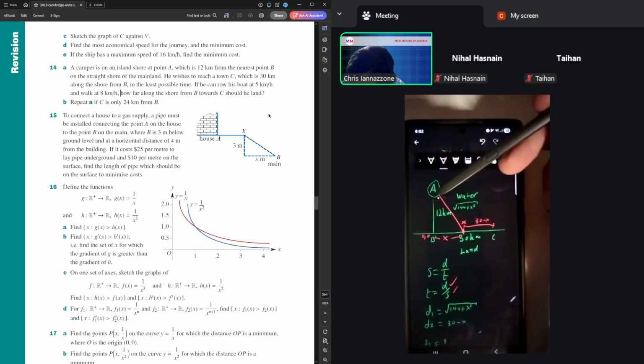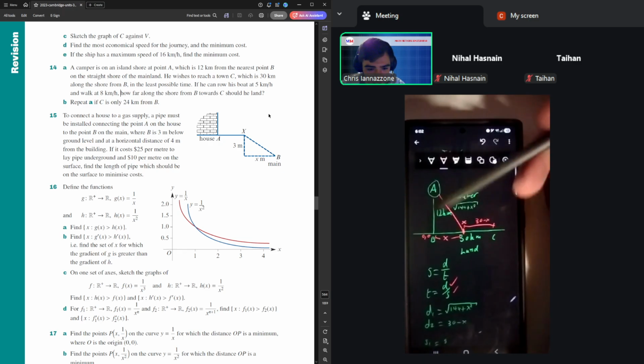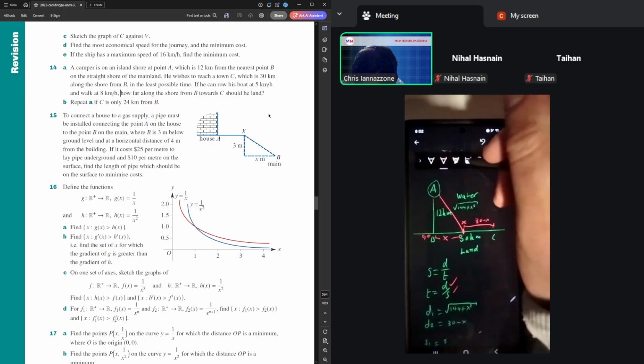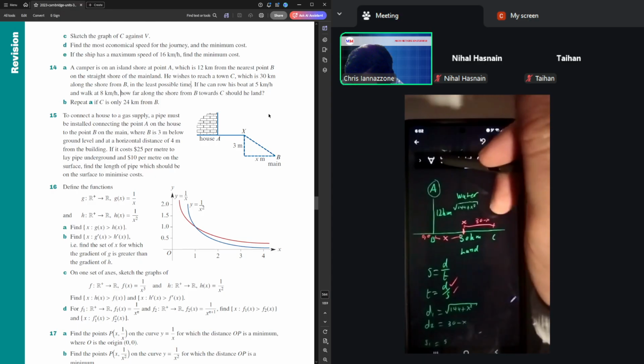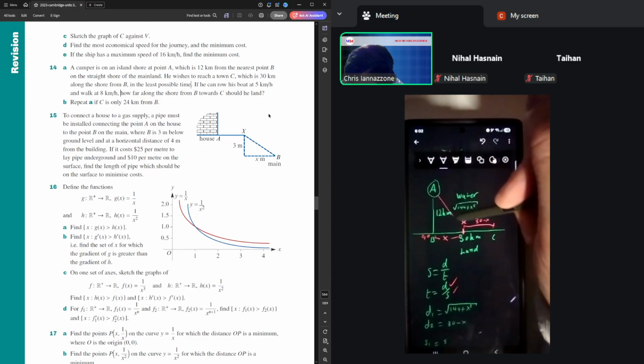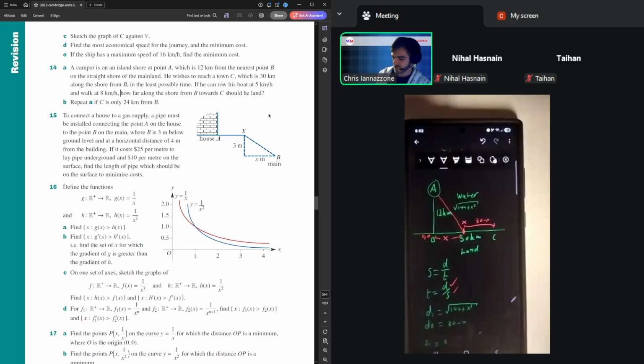It goes a lot smoother if they tell you this is the path here and this is the path here, and you just have to find those variables. But when it's all written in a worded format and you're creating your own diagram, the first barrier I find is creating that initial assumption that it's going to land somewhere. So that's one thing to consider when you start doing similar questions to this.